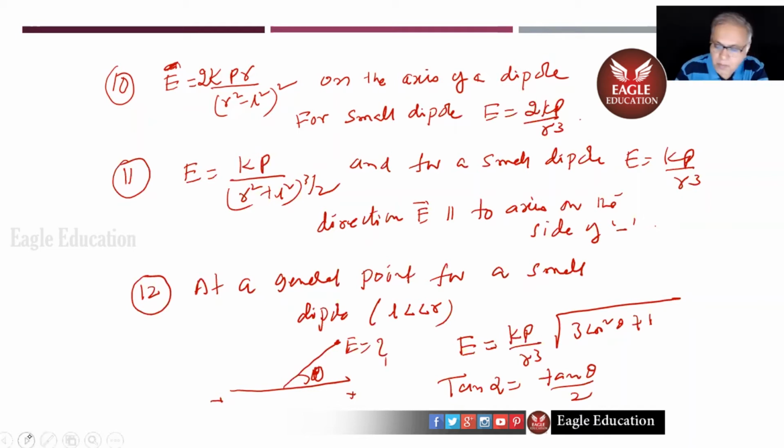Can you continue? Yes. Here in the formula, E equal to Kp by R cube into root of 3 cos square theta plus 1, sir, it is. Yes. That's all. It's there already, we derived it.